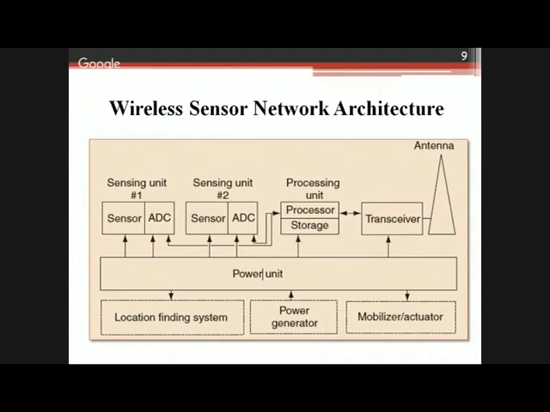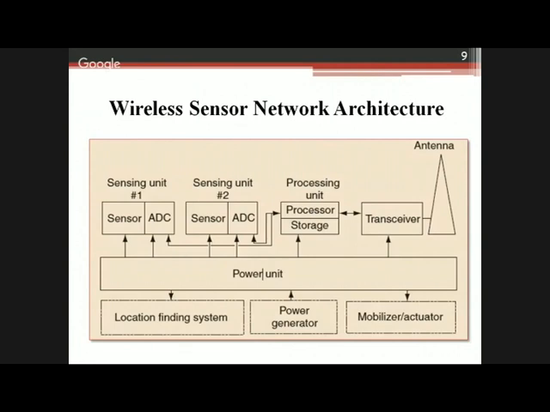For example, if you deploy the sensor nodes in a volcano, you cannot go there and just change the sensor nodes. And suppose you are deploying the nodes in a forest, there are some hard to reach locations where you cannot just go and change the battery. So that's why this power unit must be taken care of, so that there is less power consumption.